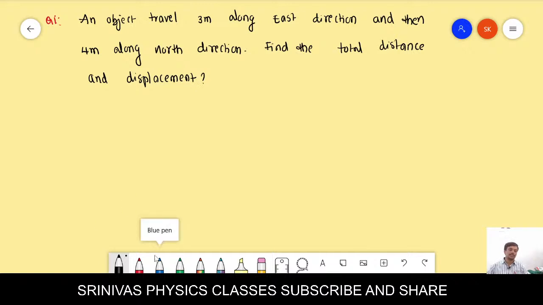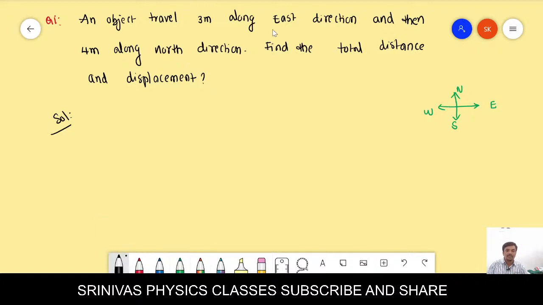This is our question. Then what is happening here? The object is traveling from where to where? First you draw for this solution. I am going to write the solution. First you know the directions: north, south, east, west. You should draw like this.